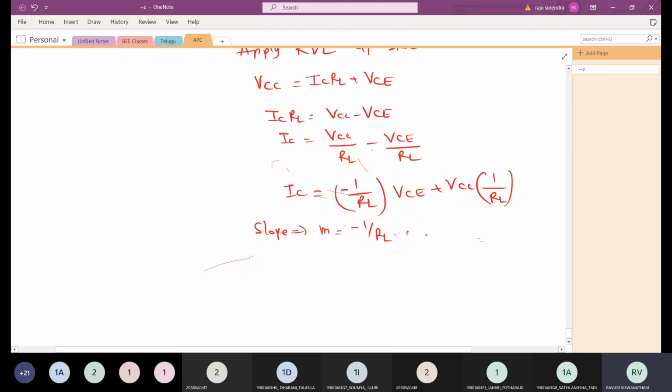If you consider the y-axis, the y-intercept is VCC by RL. All of you understood? Okay. Let us consider this as equation number 1.